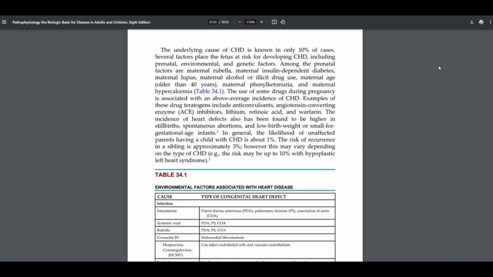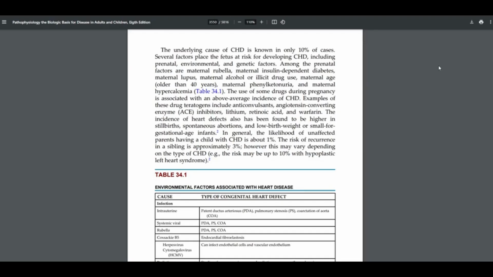The use of some drugs during pregnancy is associated with an above-average incidence of CHD. Examples of these drug teratogens include anticonvulsants, angiotensin-converting enzymes or ACE inhibitors, lithium, retinoic acid, and warfarin.